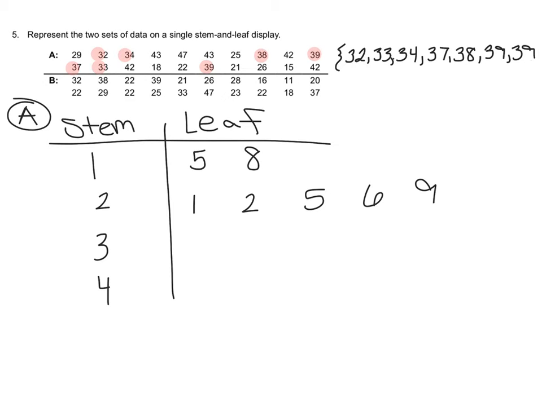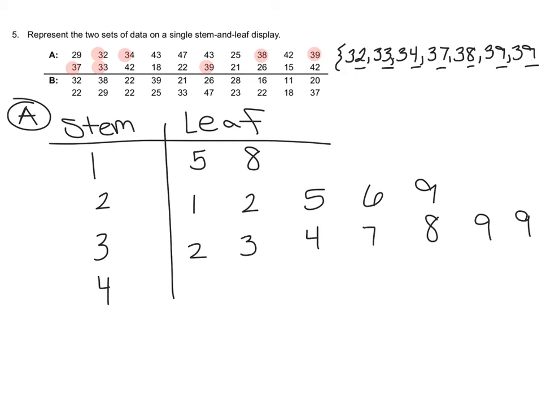So when I write the leaves, I'm going to have a 2, a 3, a 4, 7, 8, 9, and 9. And all leaves need to be represented, even if they repeat. You include repeating leaves, but you don't include repeating stems.